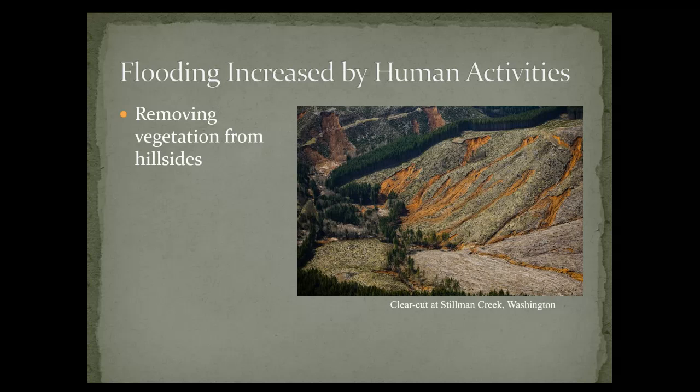It's going to carry away more soil, but also it doesn't get a chance to soak into the soil because it's moving so quickly. And so instead of the water moving into the ground, instead it can flood down in the bottom of the valley. So this is kind of an extreme example where clear cutting led to floods and also soil erosion.